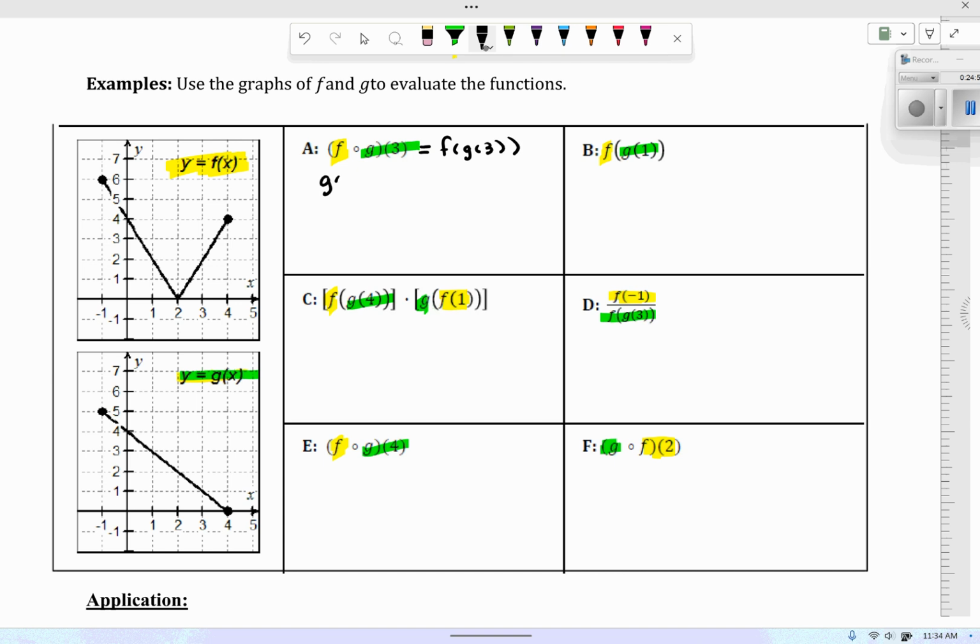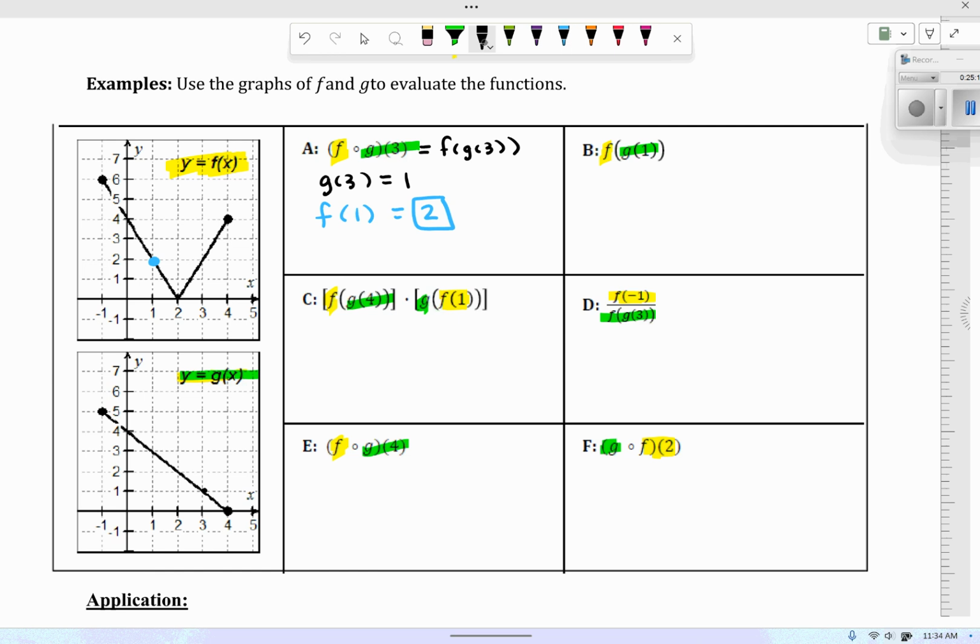So that means we're evaluating g of 3 first. So we're going to look at the graph of g of x. When the x value is 3, our y value is 1. And then that means the next part would be to do f of 1. So when our x value is 1, our y value is equal to 2. So that would be our answer for the composition.